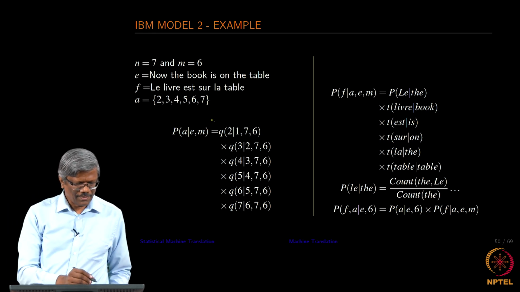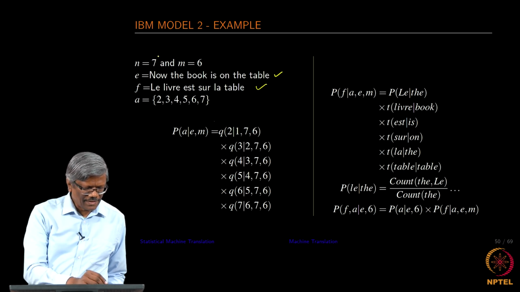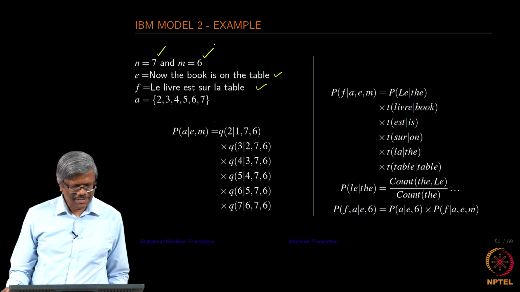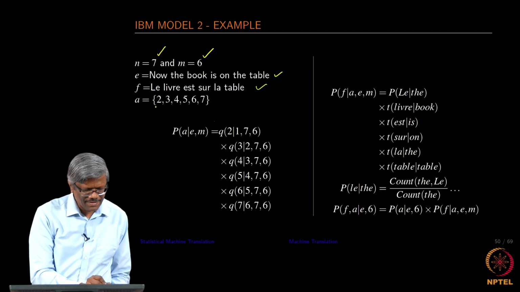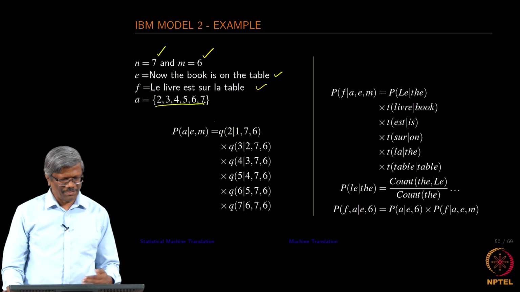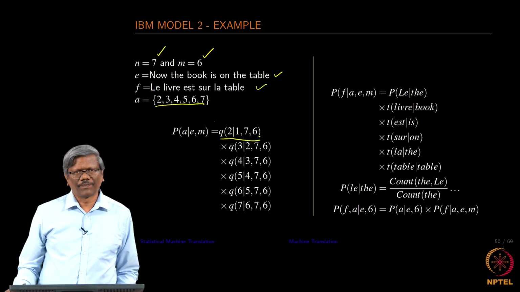All right. So, again we consider the same set of sentences here, and then n equal to 7 is the total number of words in the English sentence, and m equal to 6 is the number of words in the French sentence, and this is the alignment variable that we have here. So, for each alignment variable we need to find the alignment probability, correct.